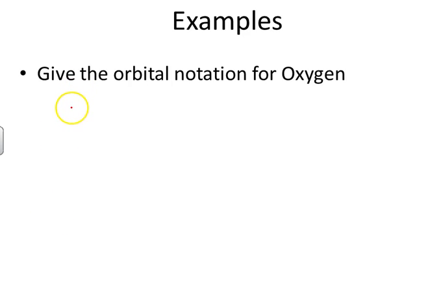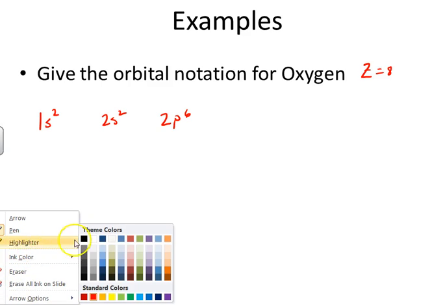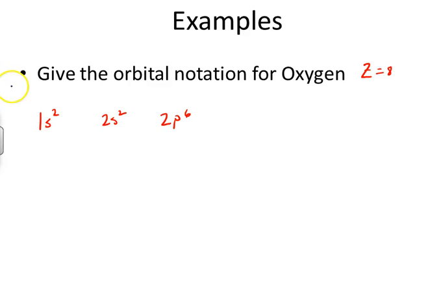So we want to give the orbital notation for oxygen. The atomic number of oxygen is 8, Z equals 8, and we would do the electron configuration: 1s2, 2s2, 2p6. It's important to remember that there are a certain number of orbitals in each energy level.